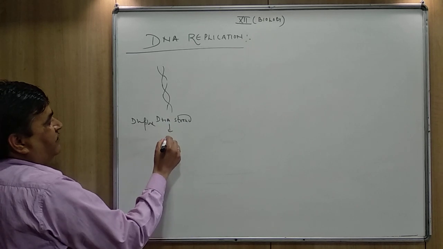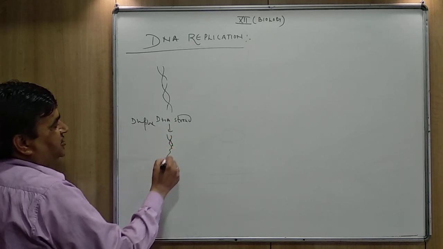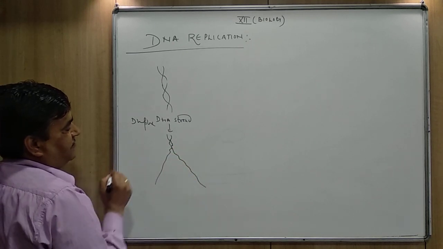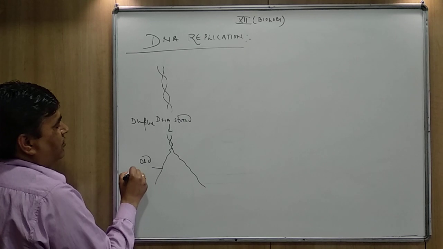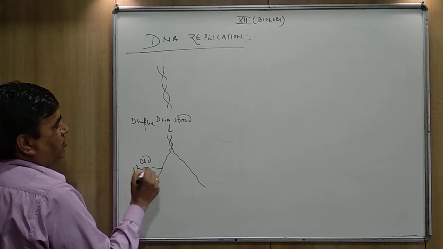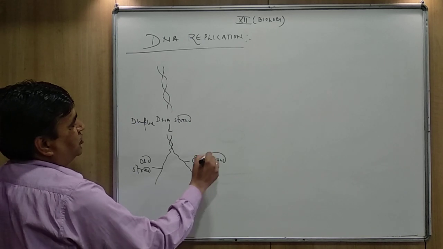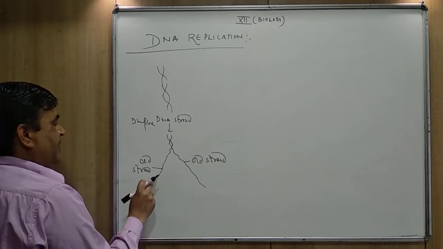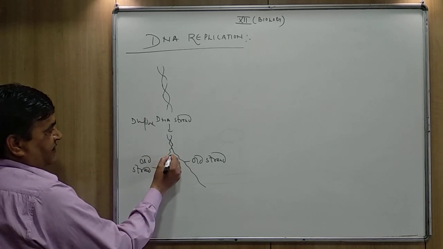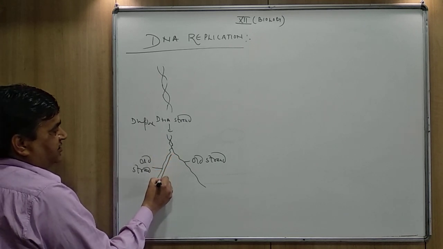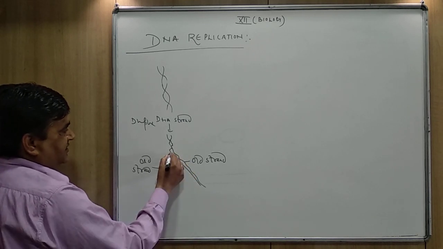At the time of DNA replication, both the strands are separated from each other, and these are the old strands. This is also an old strand, which acts as the template, and according to the old strand, the new strands are synthesized in the 5 to 3 direction.